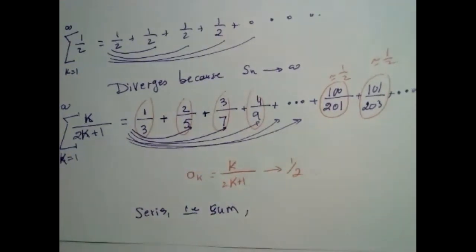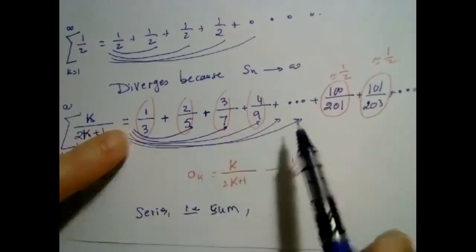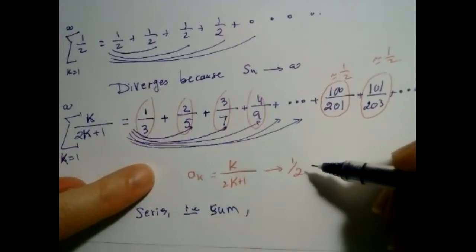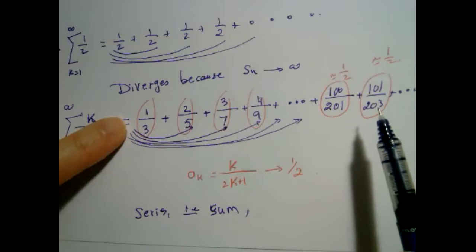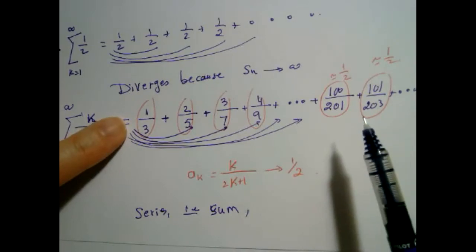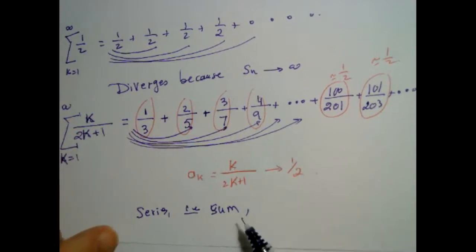So the series is the sum of the terms, not the terms. The terms converge to 1/2, the individual terms. But what I am doing is adding them. That's really the difference between the sequence of numbers, a_k, versus their sum. We're adding them.